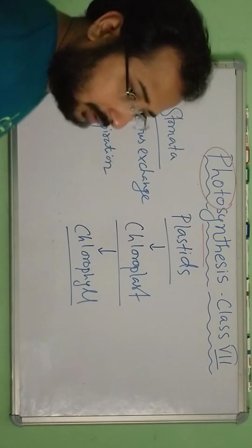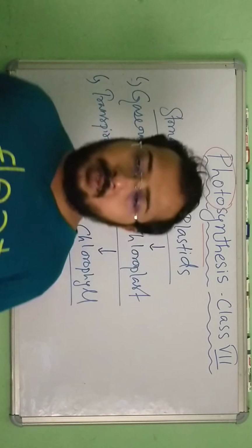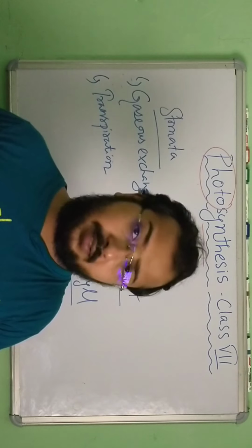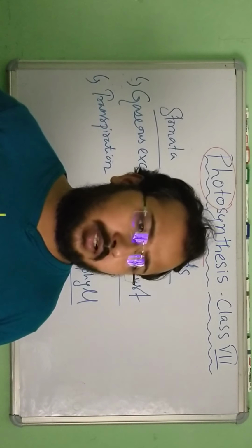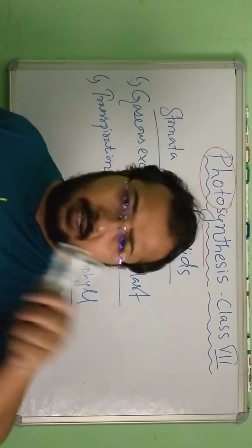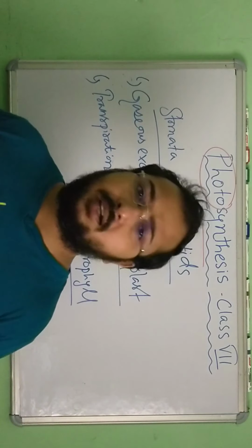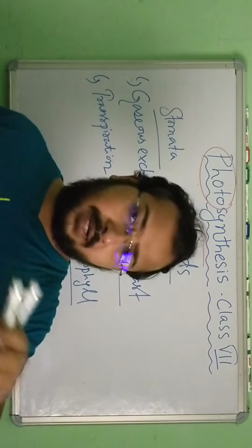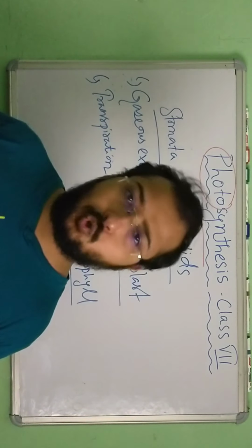Now I am going to draw a diagram, which is very important for you to practice. Some of the students asked me that they feel a little difficulty in drawing the diagram. That is the section of a leaf where some important parts present in the leaves are shown.